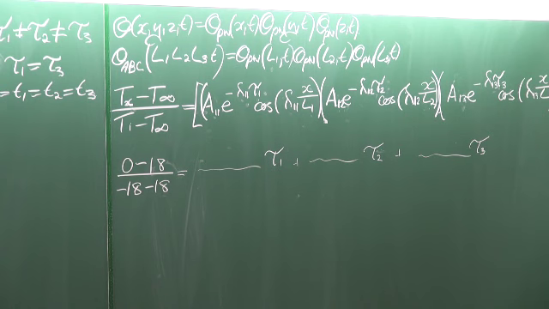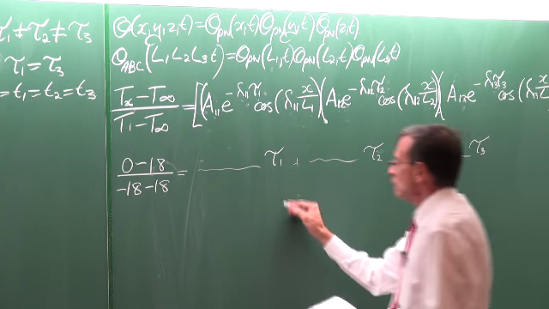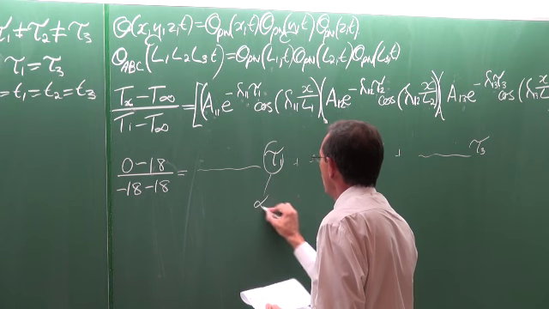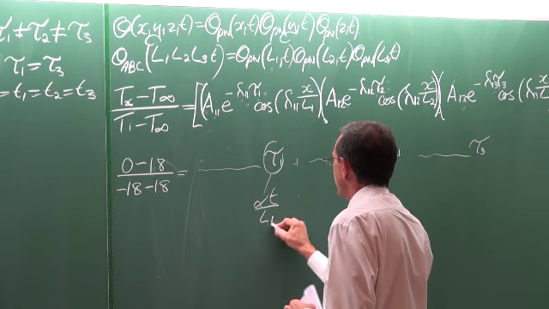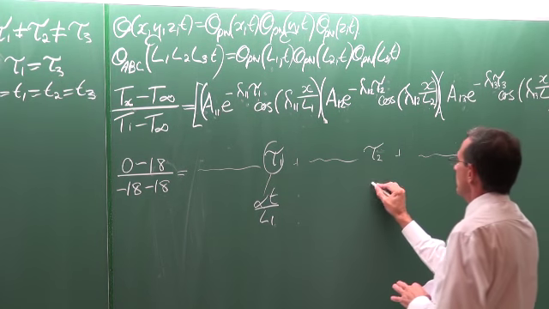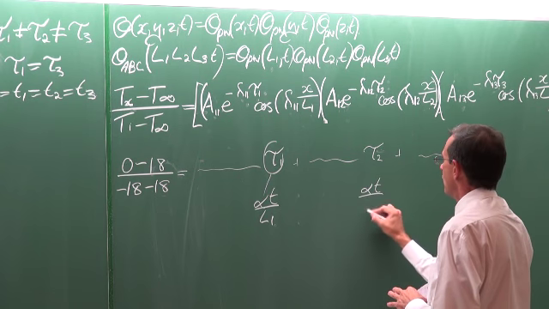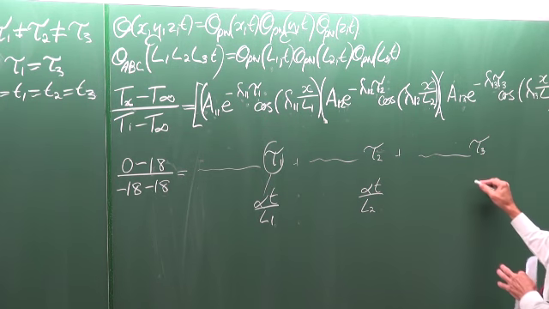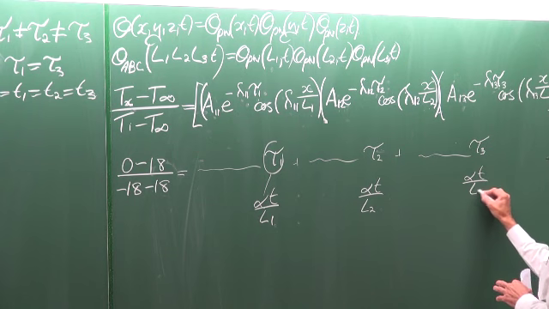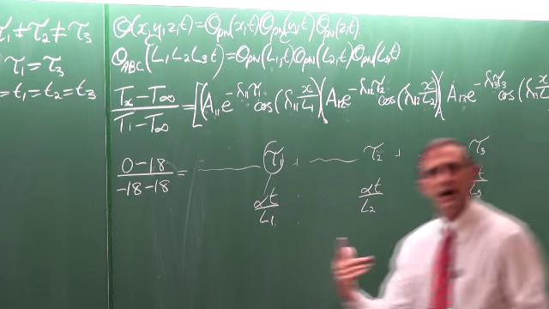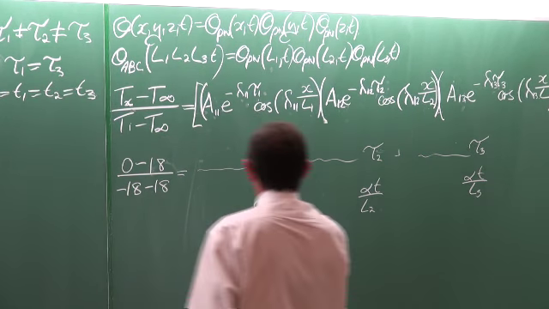These values are obviously equal to alpha t divided by L1. This one should be alpha t divided by L2, and this one should be alpha t divided by L3. The only unknown is the time.